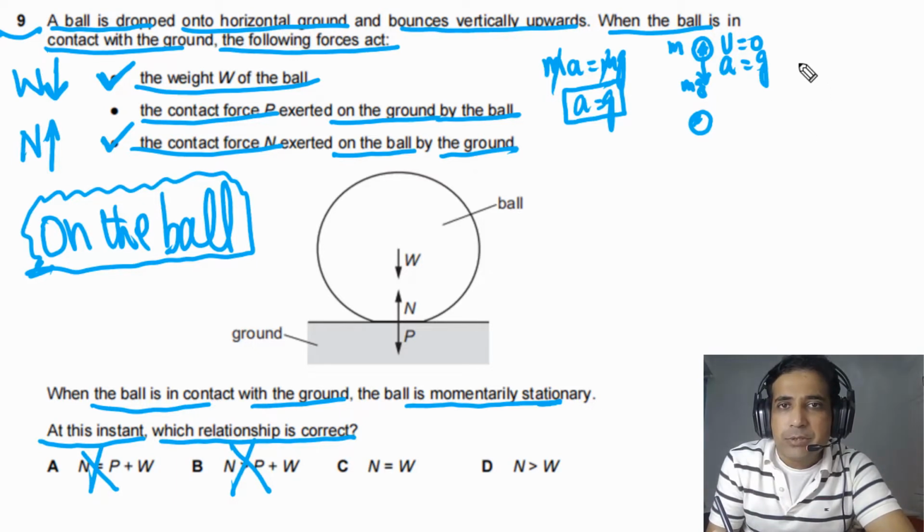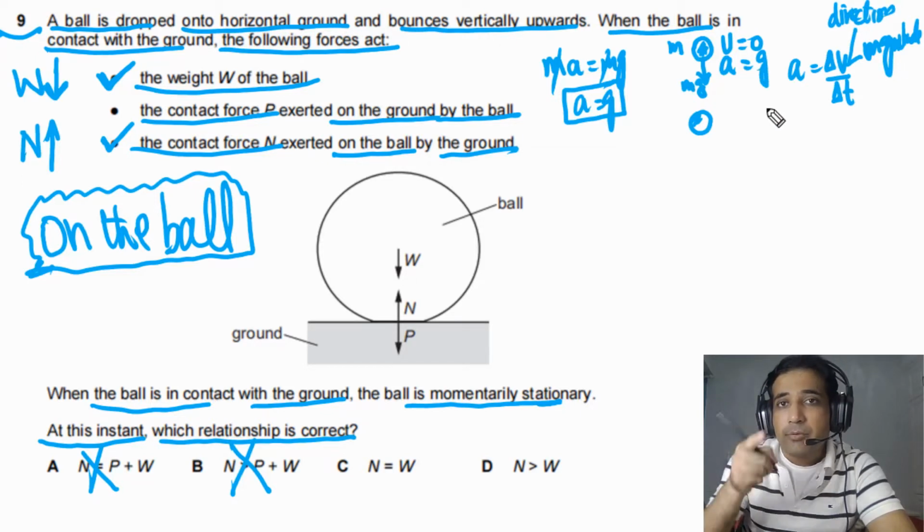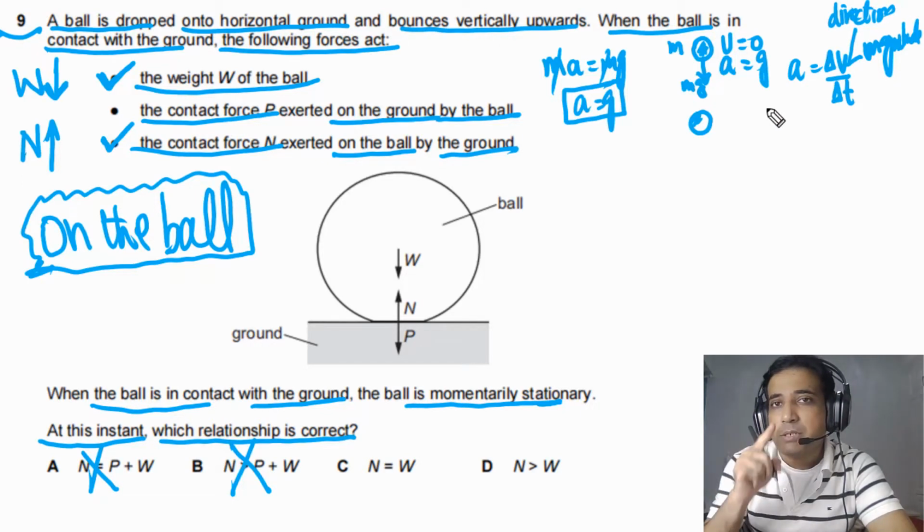So let's try to understand what acceleration is. Acceleration is equal to change in velocity over time taken. Change in velocity means there can be a change in the magnitude of the velocity, or there can be a change in the direction of velocity. So in this case, the direction is changing but the speed is not.